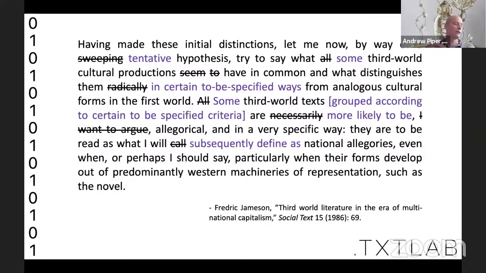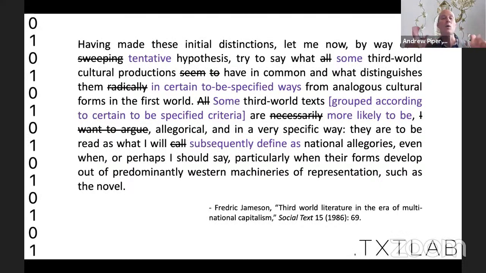So if I were to conclude, I would rewrite, right? We could rewrite Jameson in this way. Right? So instead of using words like sweeping and all and radically and necessarily, we can propose things like a tentative hypothesis to say that some third world cultural productions have in common and distinguishes them in certain to be specified ways.